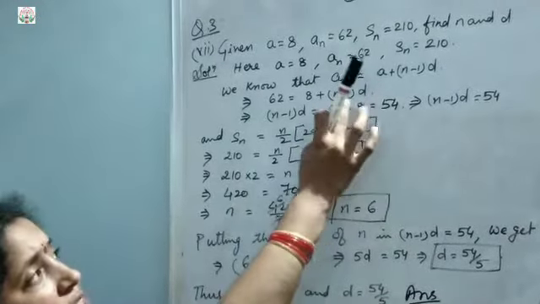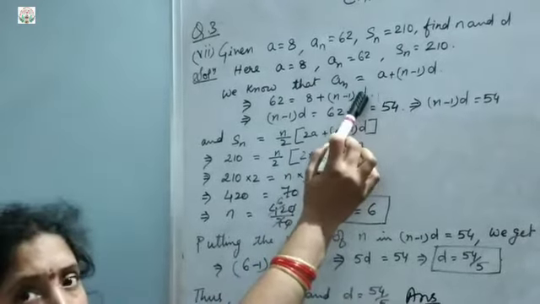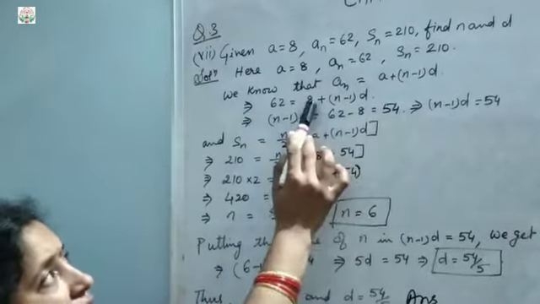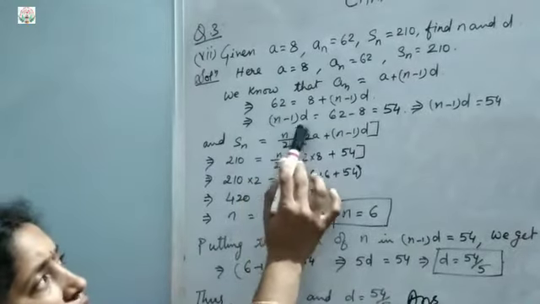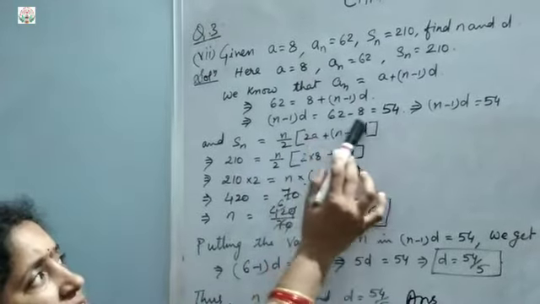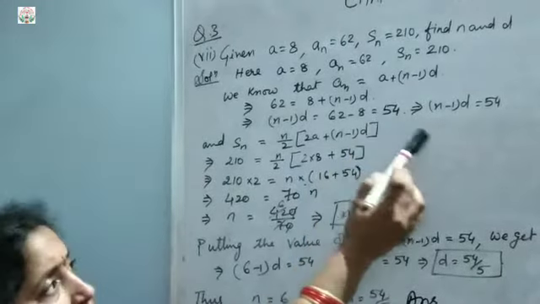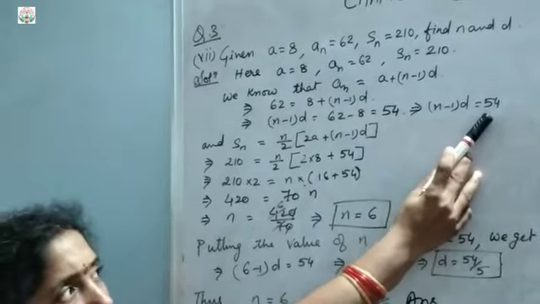Here n is also not known to us, d is also not known to us. So this part we will keep as it is, and this 8 we will transpose to the other side. So n minus 1 into d equals 62 minus 8. On subtraction, what we will get? 54. So n minus 1 into d equals 54.